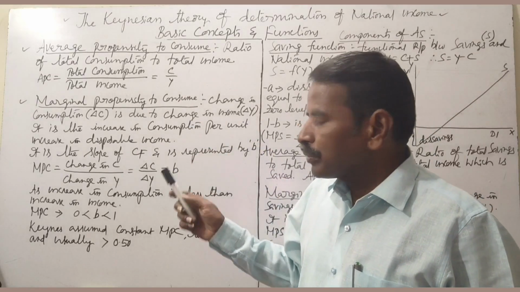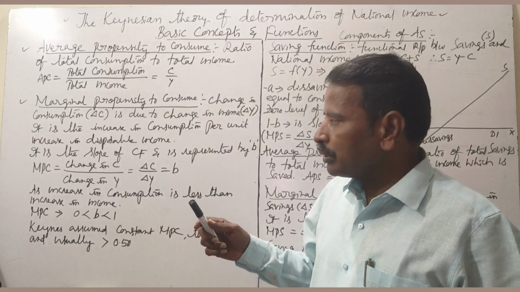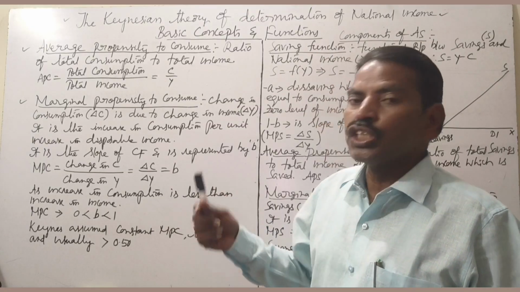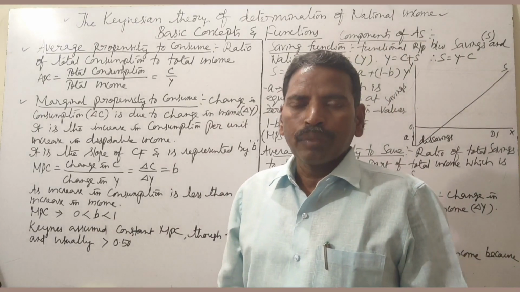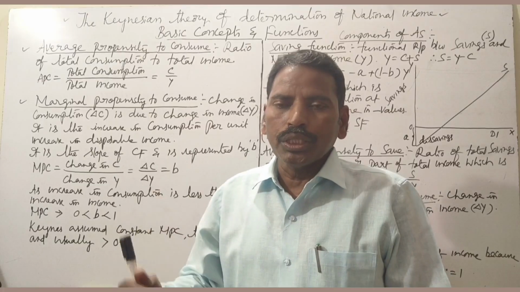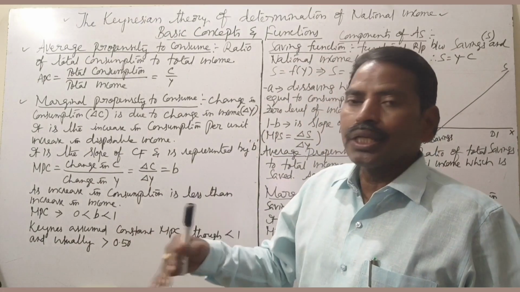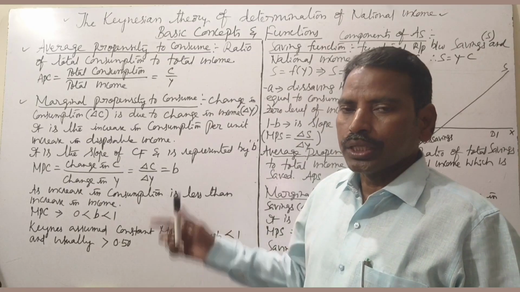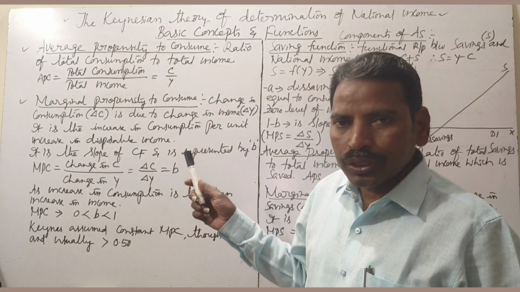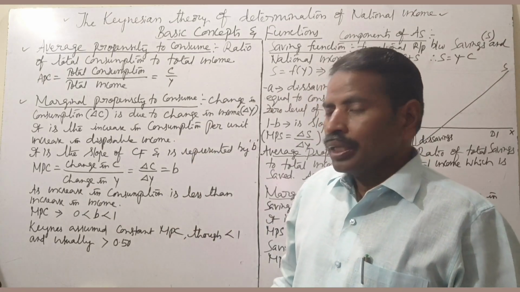It is the increase in consumption per unit increase in disposable income. That is called marginal propensity to consume.